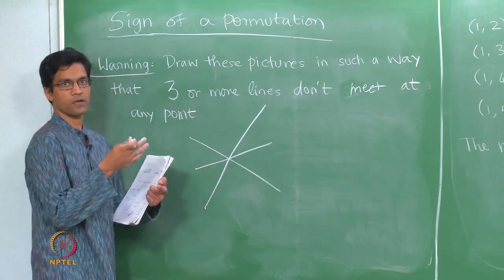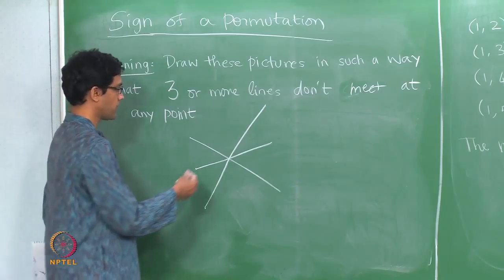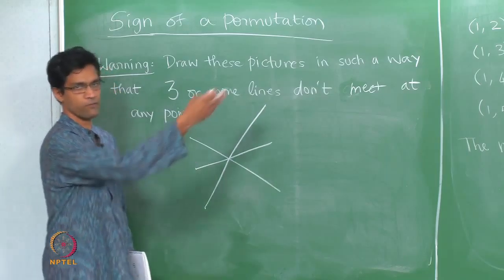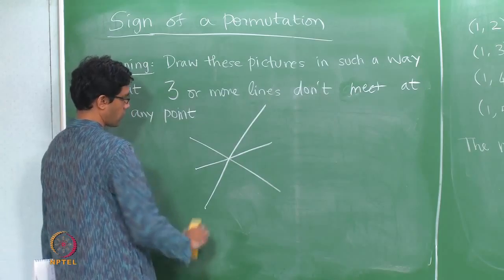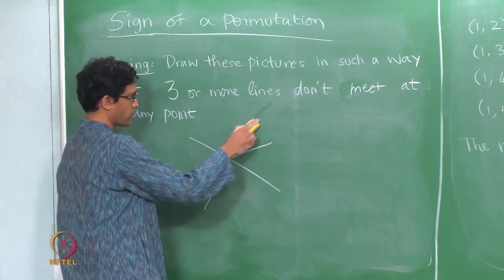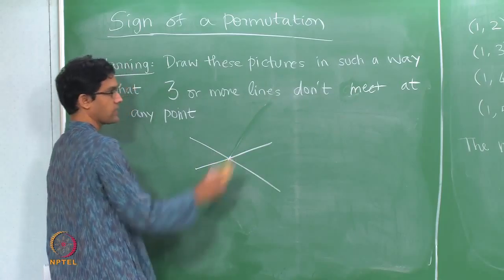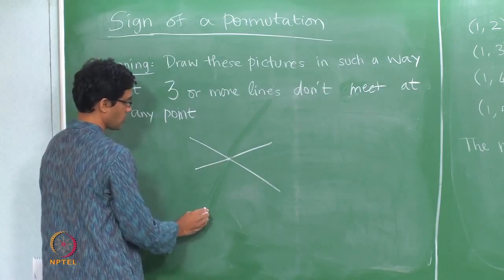There are 3 pairs of lines which go transversely to each other. But if you just draw it as a single point, then it is not so easy to do the counting. So what one should do when faced with the prospect of drawing such diagrams, and this is something I did while I drew the previous diagram, is to just make the lines go gently around.